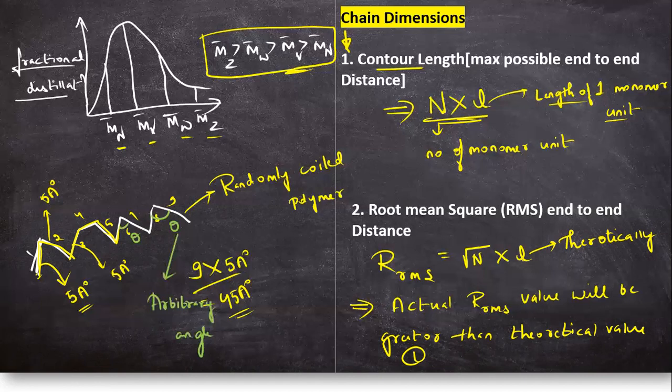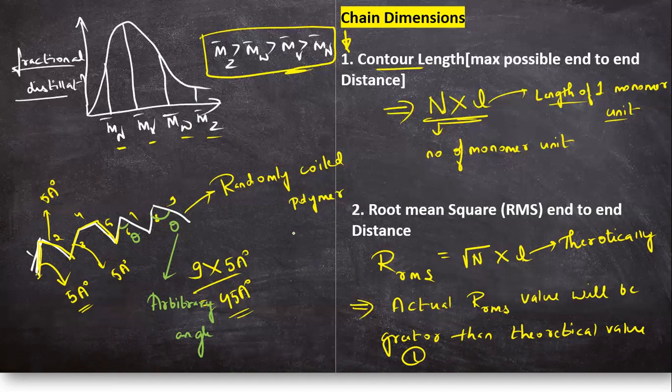That is one point. The second one is that it is impossible to rotate the two bonds freely; there is a restriction in the rotation of the bonds. These are the 2 points which make the actual value greater. Just remember these 2 points. If they ask in the exam, you should be clear with that much.